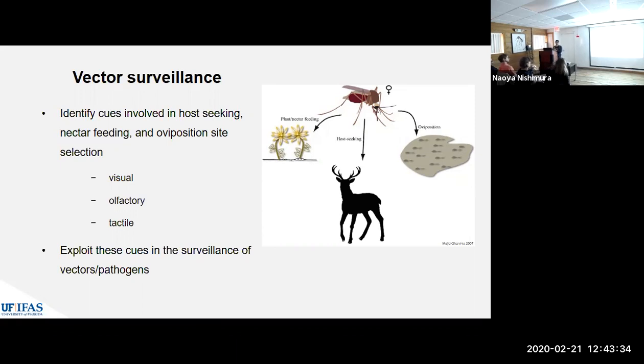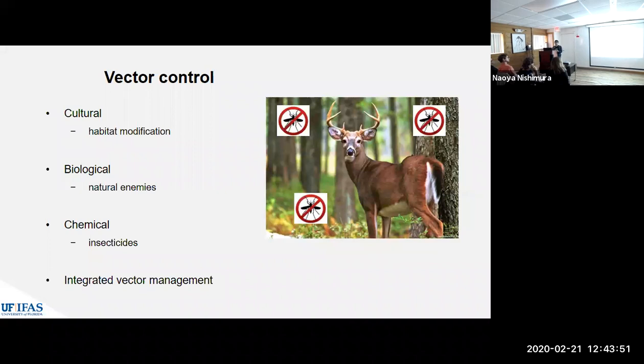There will be long distance cues, short distance cues, visual, olfactory, tactile. Which of these cues are mainly important in their life cycles? And then how do we exploit these cues in our surveillance and control strategies? But the ultimate question I'm interested in answering is how do we establish vector control strategies, right?